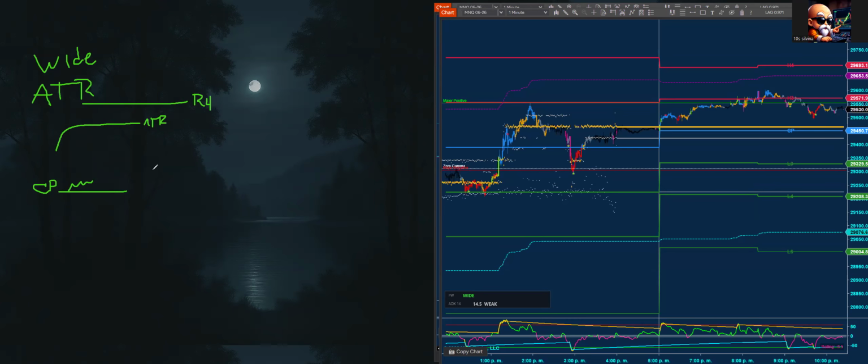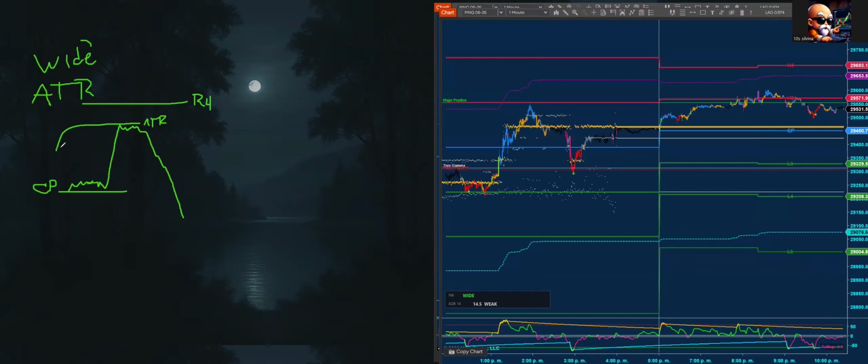So at the open, price is above central point. That means we want to find this area on the daily ATR, and at this area, maybe the price can reject.